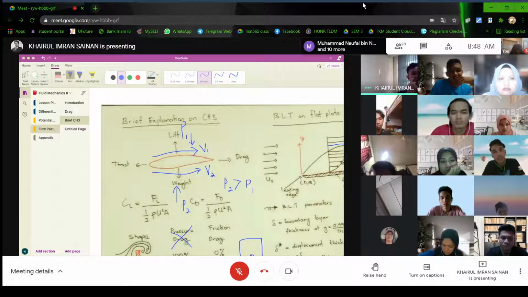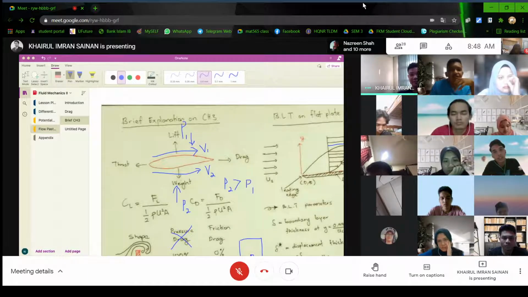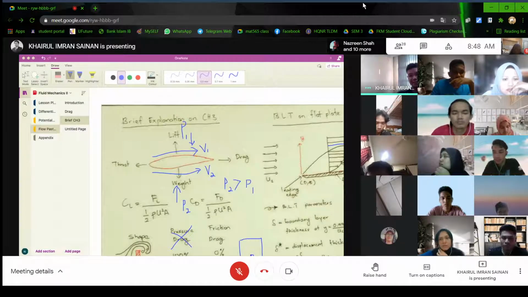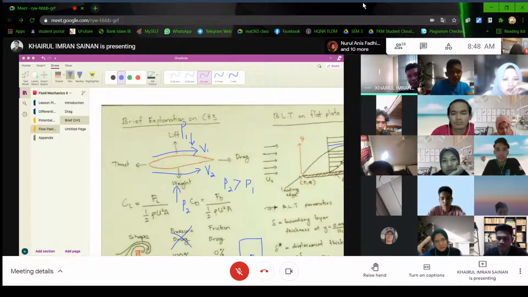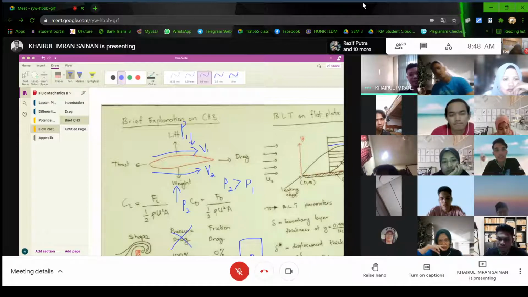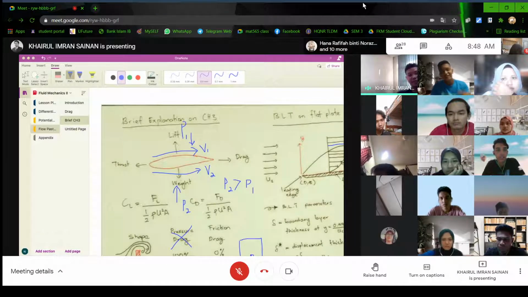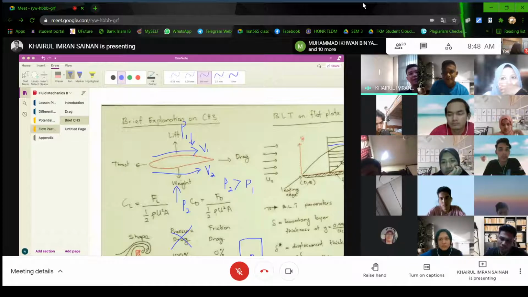200,000 meaning 200 ton, right? 200,000 kg. Am I right? 1,000 kg is 1 ton, right? Is it correct, Hafiz? So 200,000 kilogram. You imagine that, Hafiz. So is it the aircraft only, or when you have passengers?